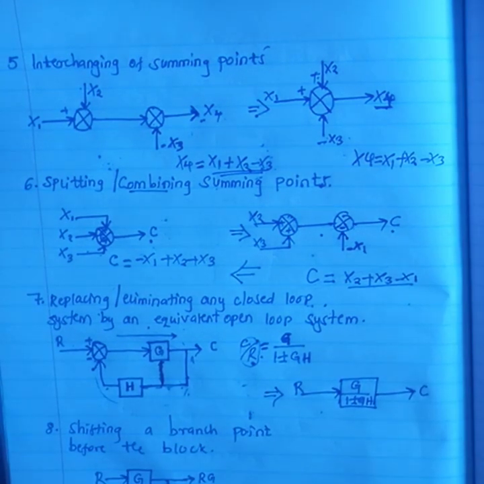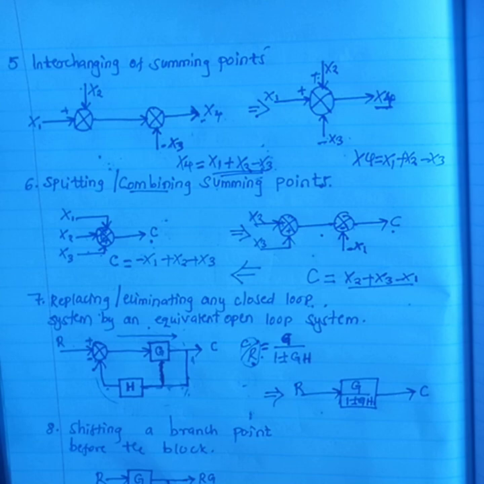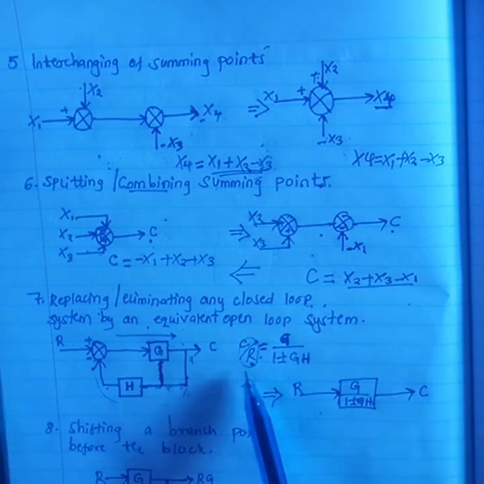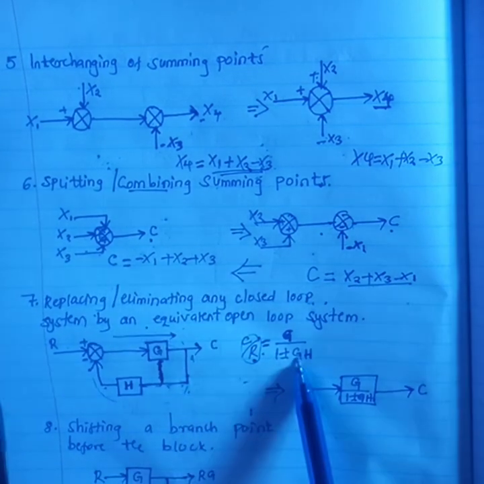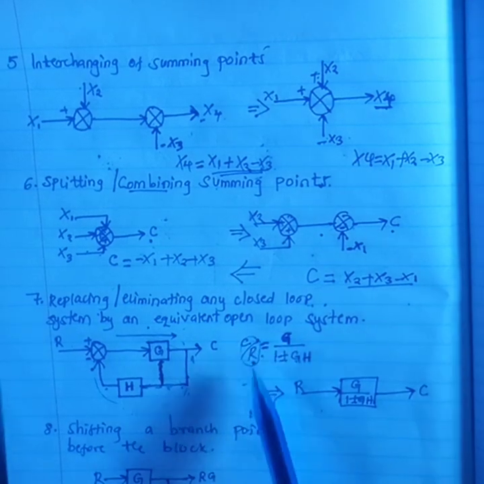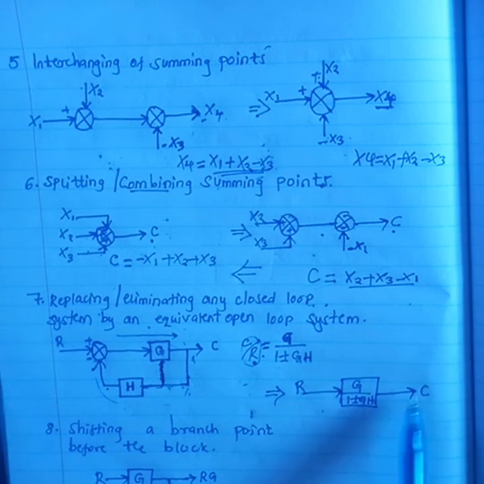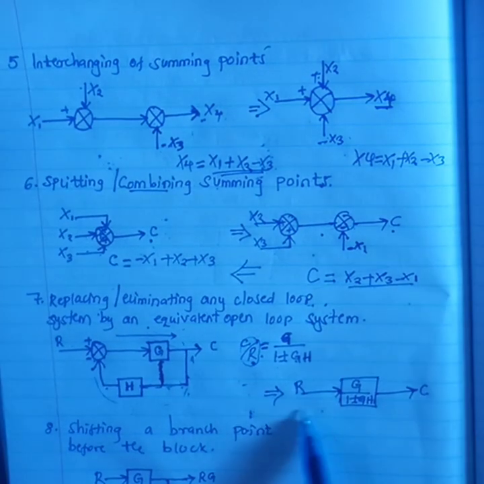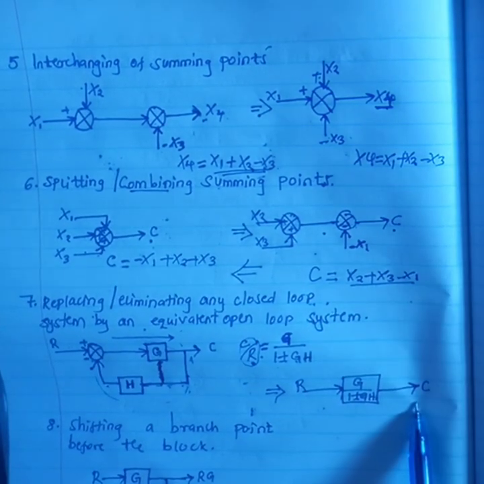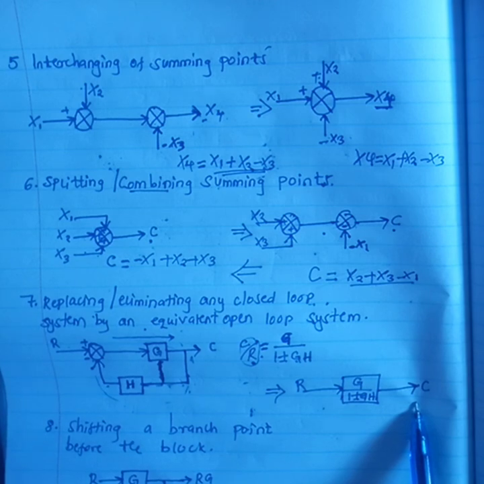So when we are simplifying a very complicated block diagram where you find a closed loop system, you can always replace it with an open loop system by calculating the control ratio, what we've done here. And this one, you just plot it in one block like this, just indicate your input, then your output. Now this is our open loop system, which does not have any feedback.